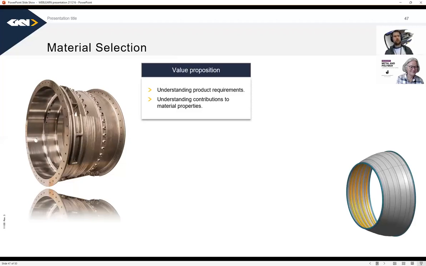In some areas, we maybe need to have a strong and ductile material, while in other areas, we need to have a creep resistant material, because the conditions will vary over the part. So it's really important to understand the product requirements here. And then once we have done that, we want to apply our understanding for how the contributions affect the material properties and the producibility also of the concepts.